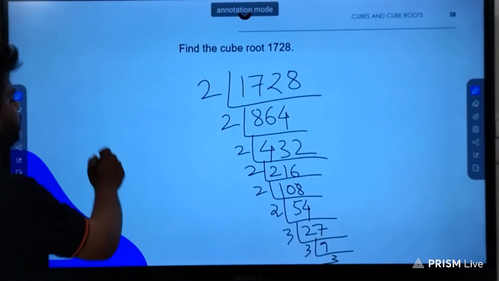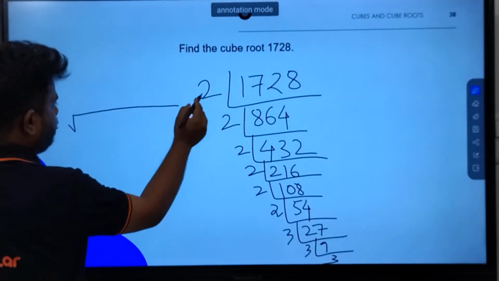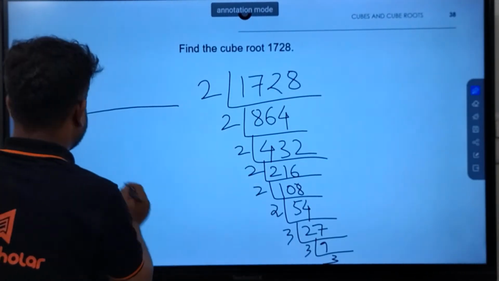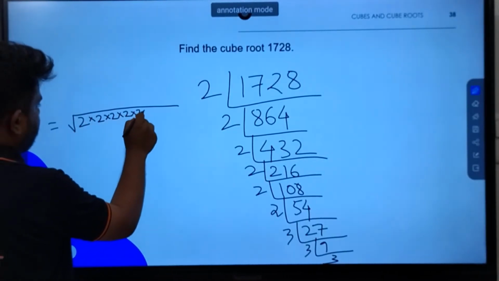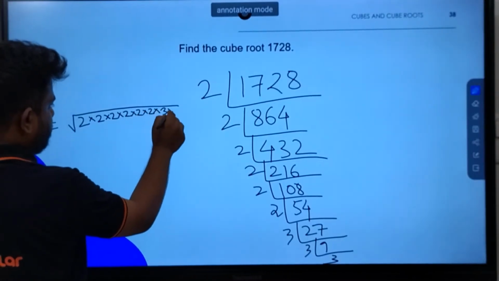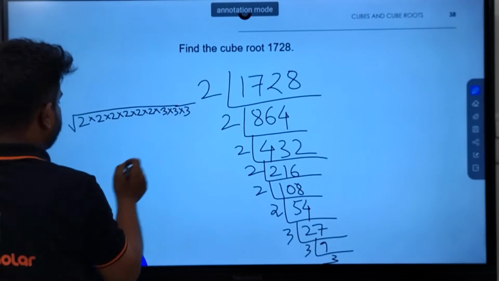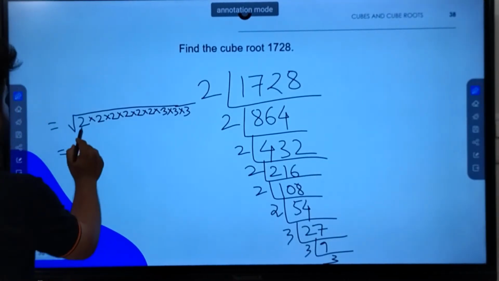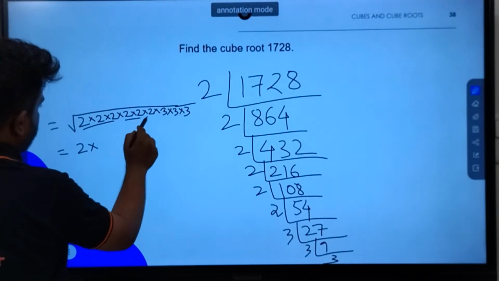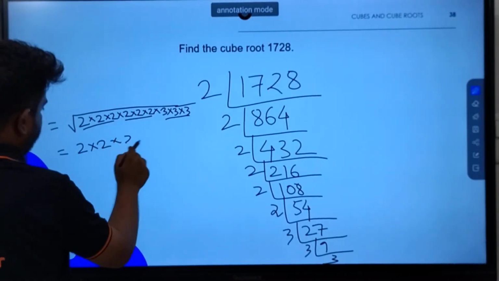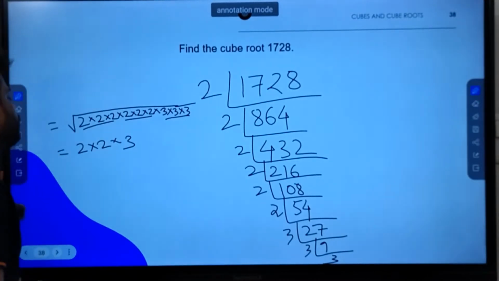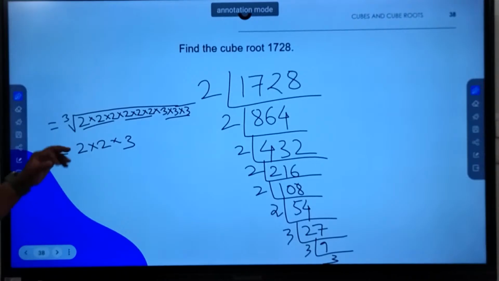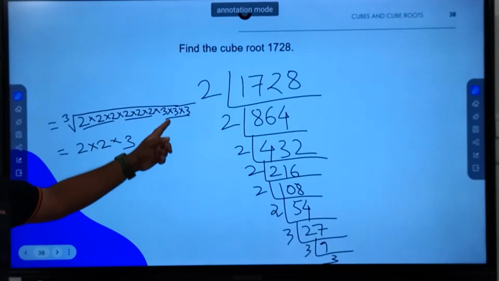So we are having, okay, so we will write this again by taking 2 three times, 2 from 3 twos, and 1 three from 3 threes.